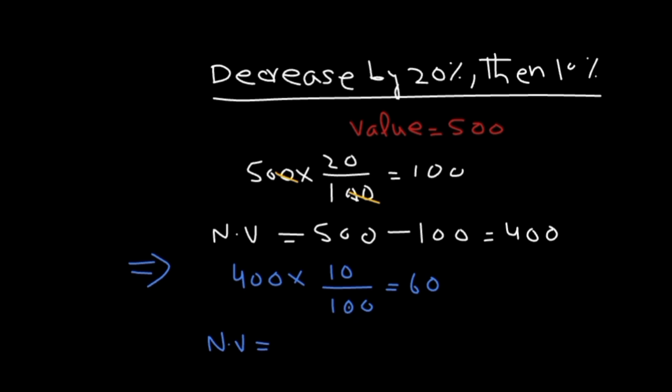We cancel two zeros by two zeros, and it is equal to 40. Then our new value is 400 minus 40, that is equal to 360.